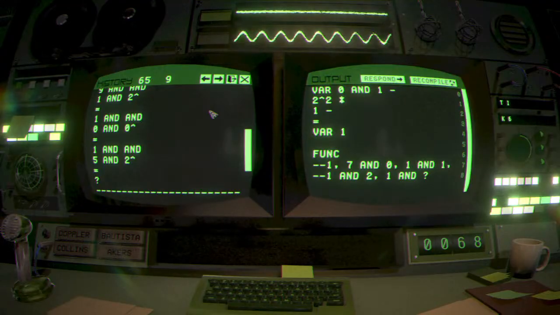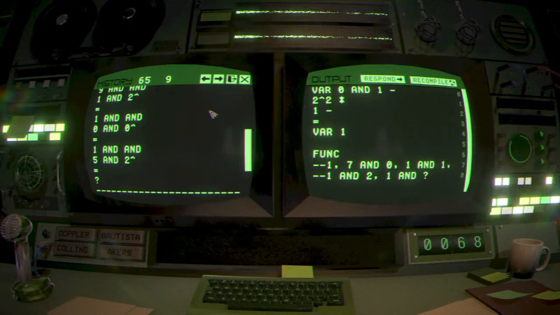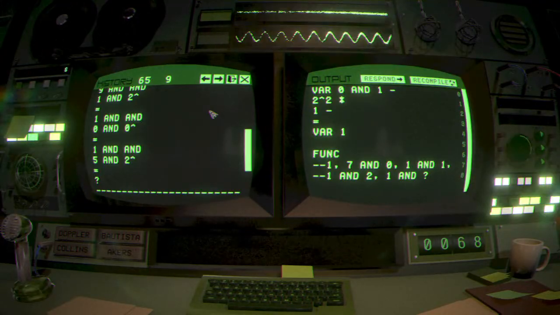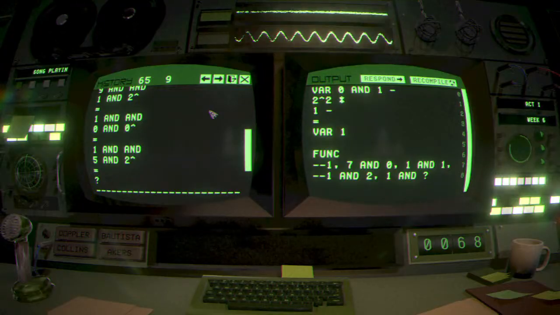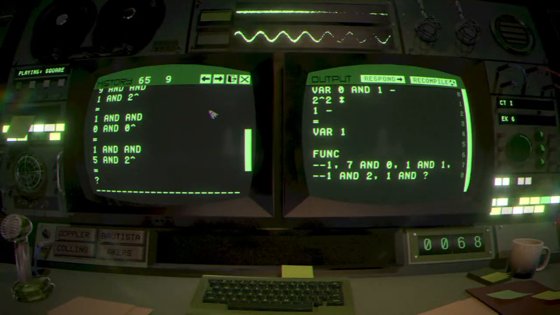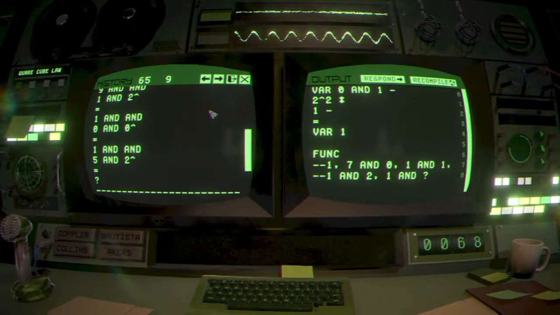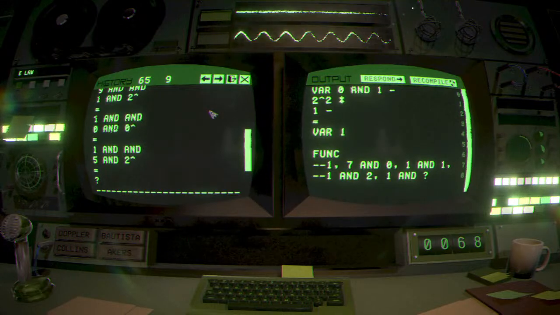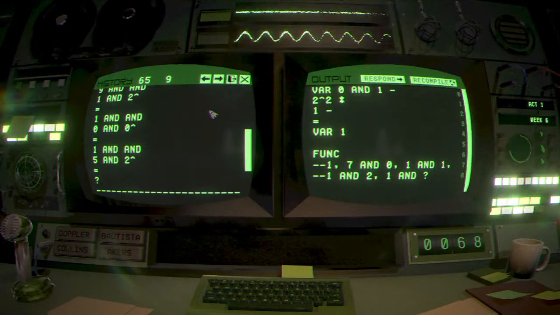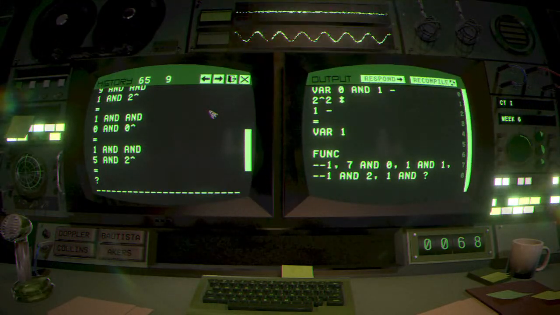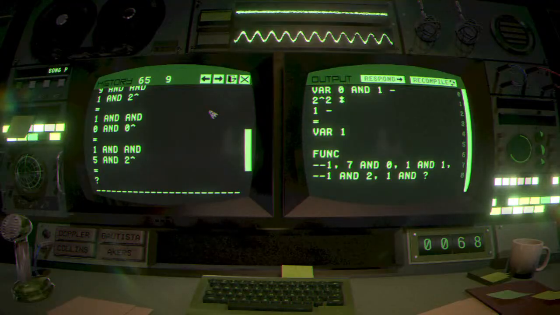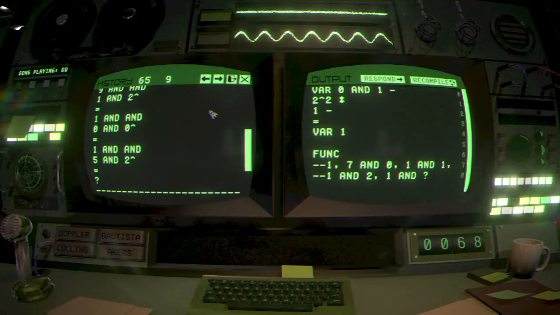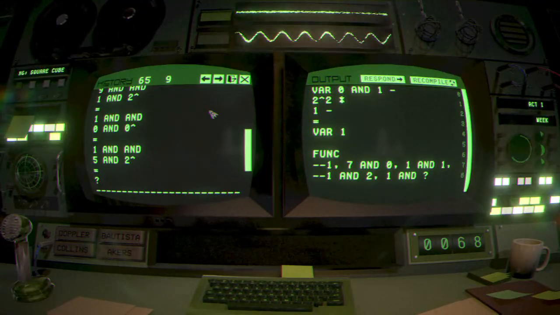Okay, so this is a more complicated function. You take variable 0 and subtract 1. And now there's the question of order of operations. Does it matter?